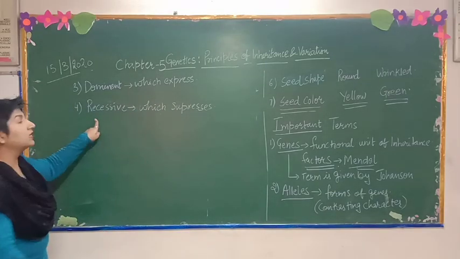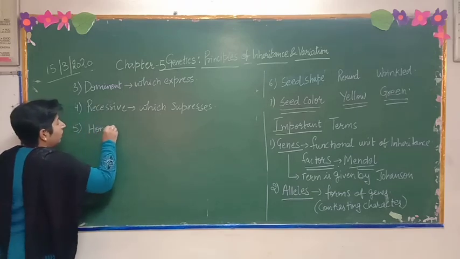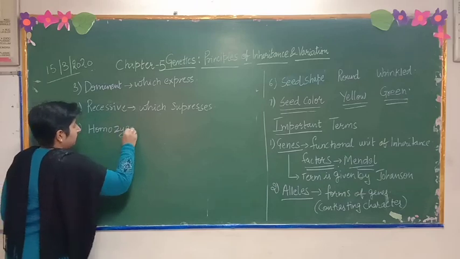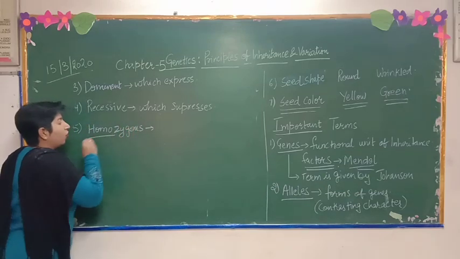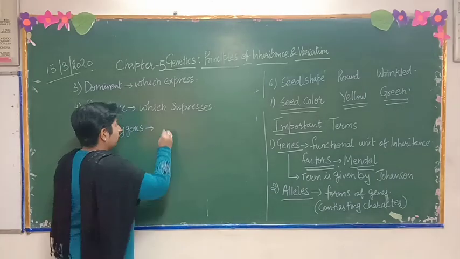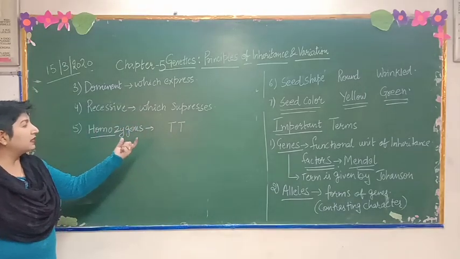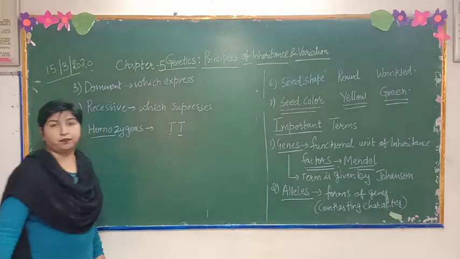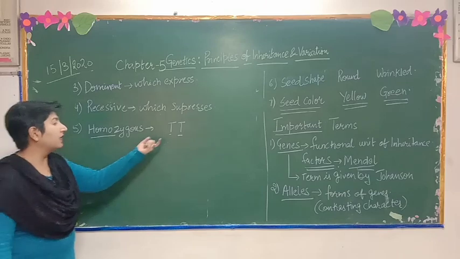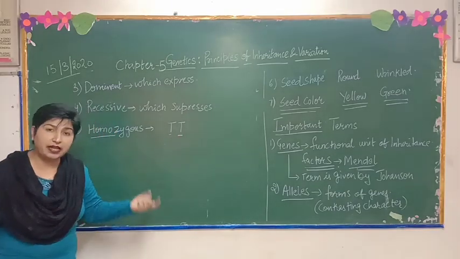The next one is homozygous. As we all know, homo means same. So homozygous, I'll explain with the help of, say, we have two genes T, T, and both the genes are similar. So that means they are homozygous in nature.